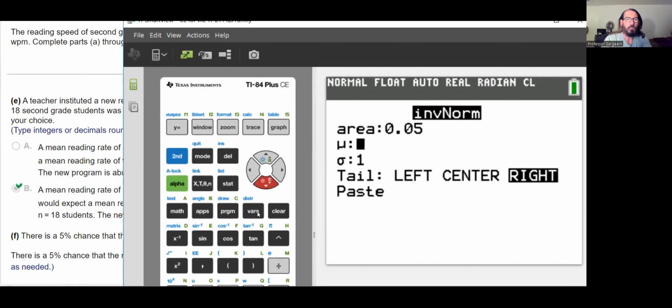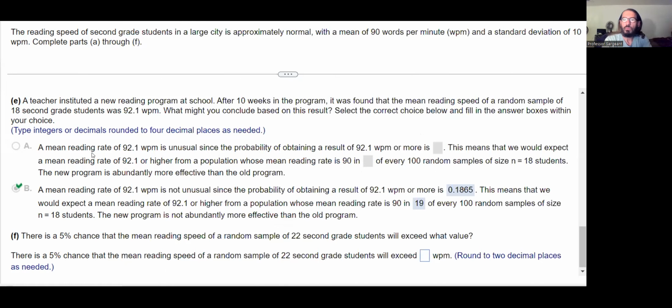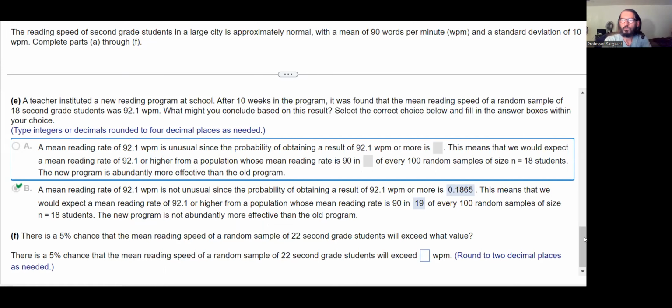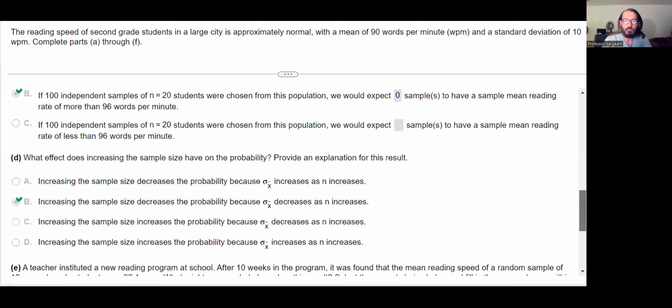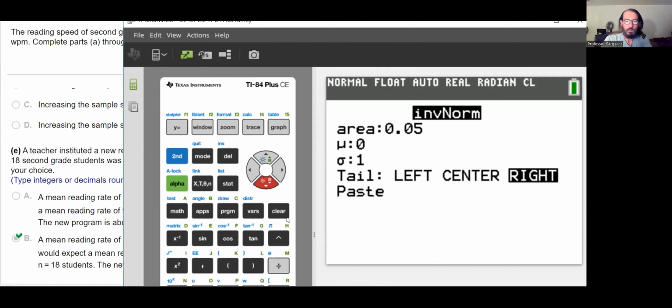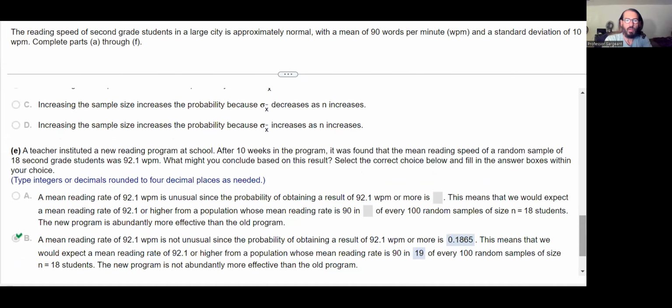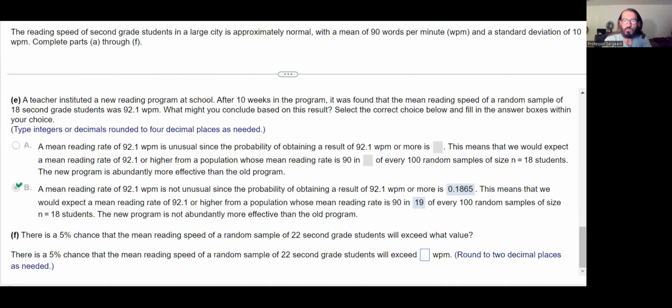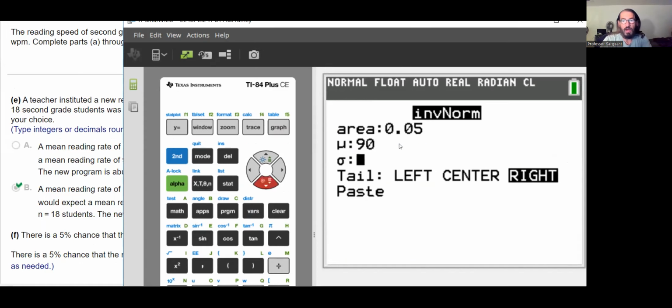The mean was 90. Standard deviation was 10, and we are now dealing with a simple random sample of 22 students. So we would have 10 divided by square root of 22 for sigma.